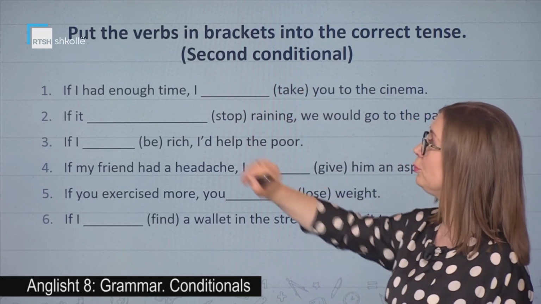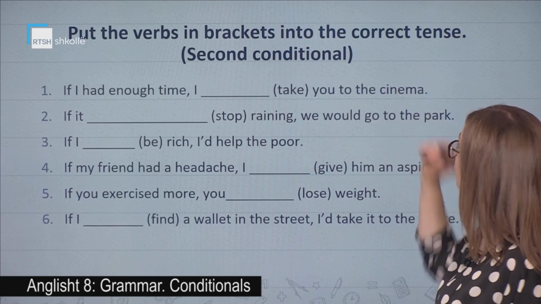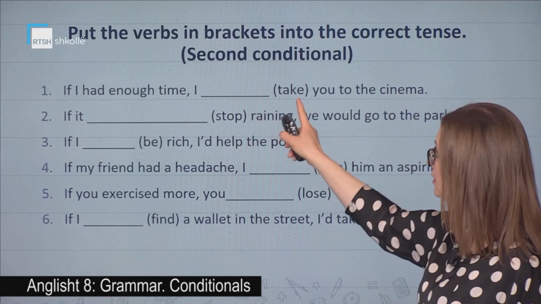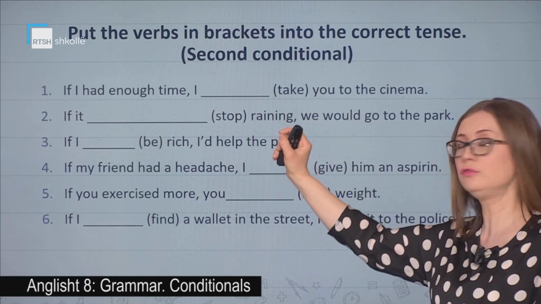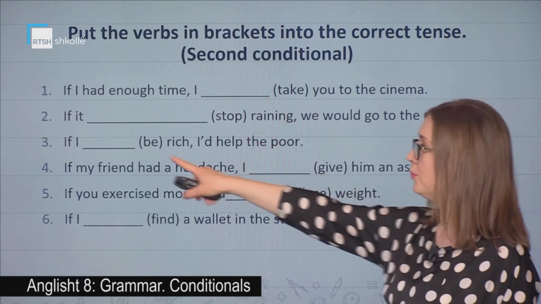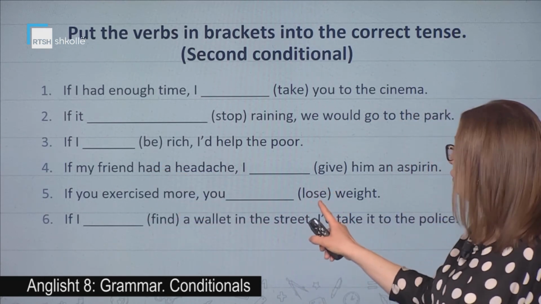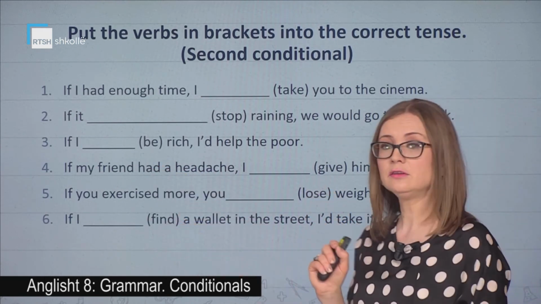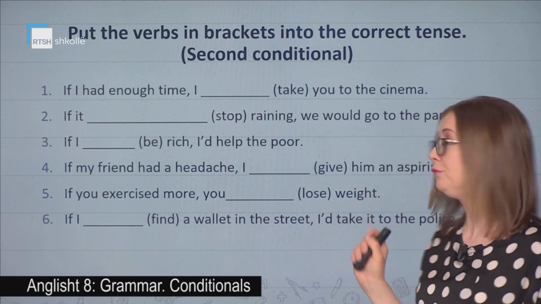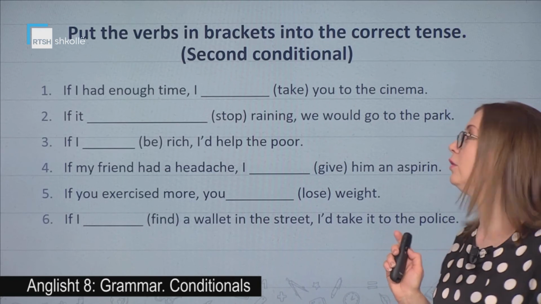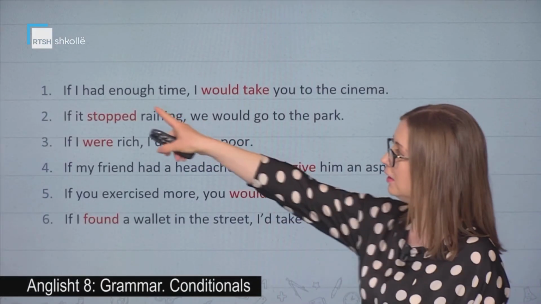So you have to put the verbs in brackets into the correct tense. So we have the verbs here: take, stop, be, give, lose, and find. Be careful, you have to use second conditional. Let's try together to fill in the sentences.